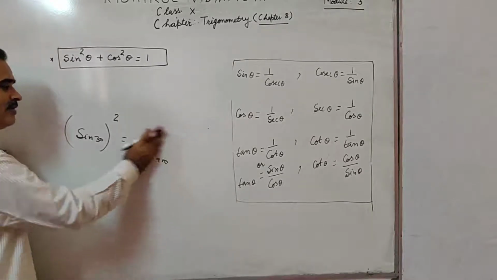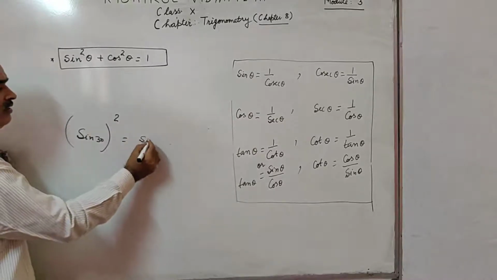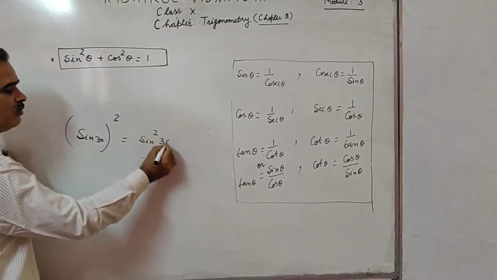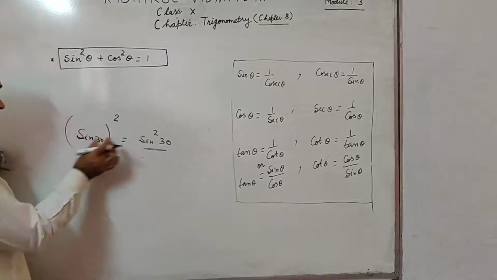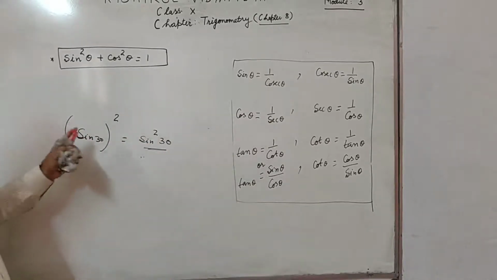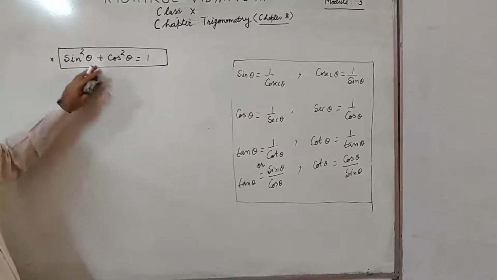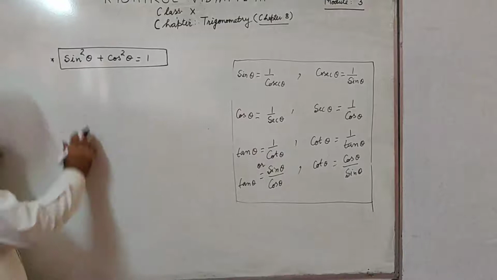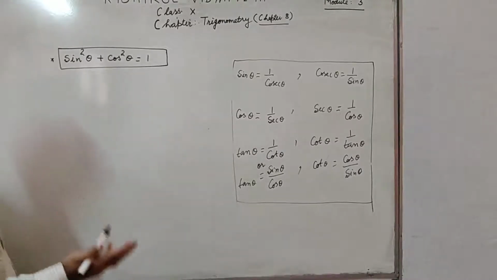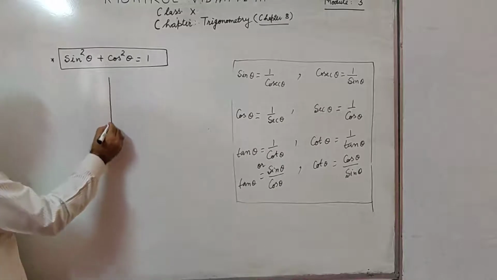So if it is the whole square, what will we write? We'll write sin square 30. What is the meaning of this? This is the meaning: the sin 30 squared, and I'll tell you the values of that later. This is the first identity. You have 3 identities. The proof of this identity we'll see.